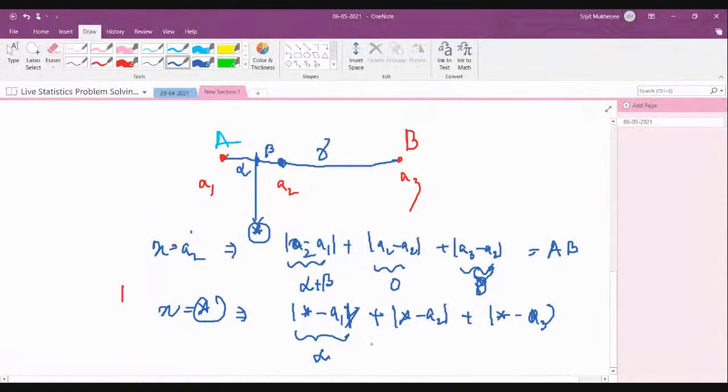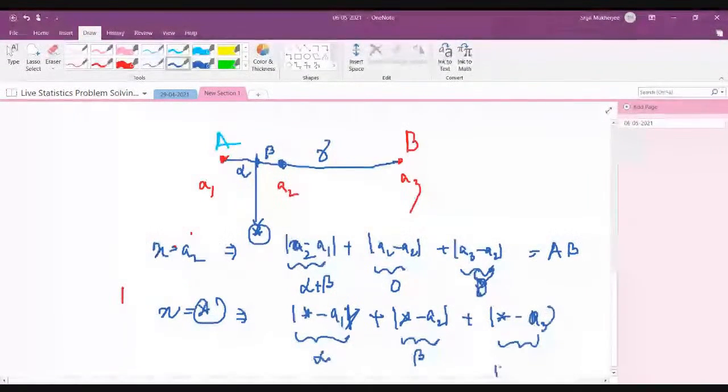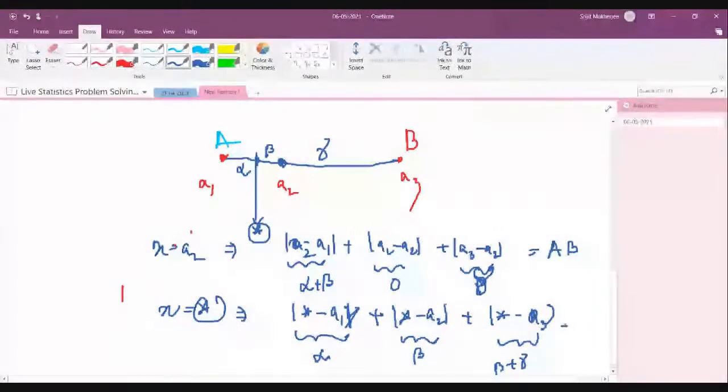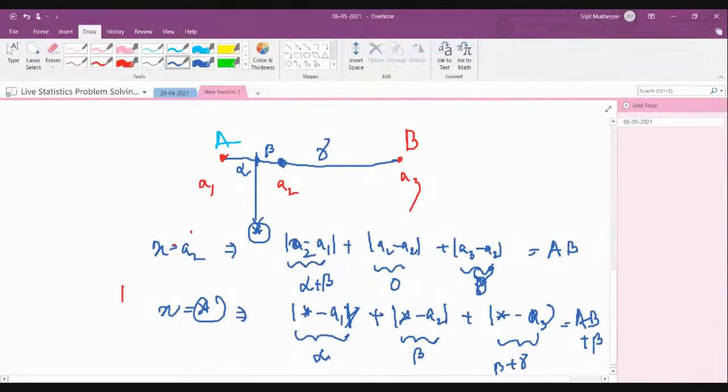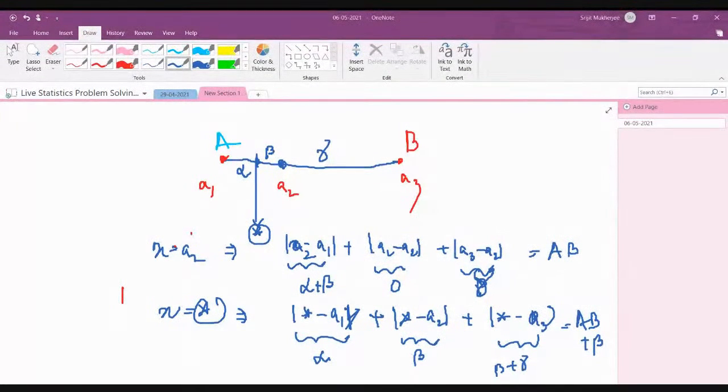In terms of the previous idea, star minus a1 is alpha, star minus a2 is beta, and a3 minus star is what? Beta plus gamma. So we are having AB plus beta. Now you understood?